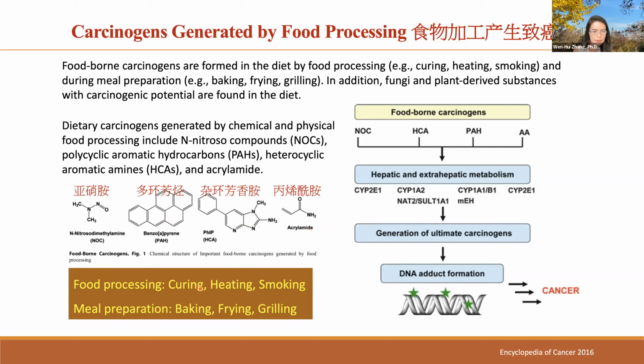So food processing, like during curing, heating, and smoking, and meal preparation, like baking, frying, grilling, all involve high heat, like a very high temperature, and very high temperature generates these compounds, the dietary carcinogens, like acrylamide.